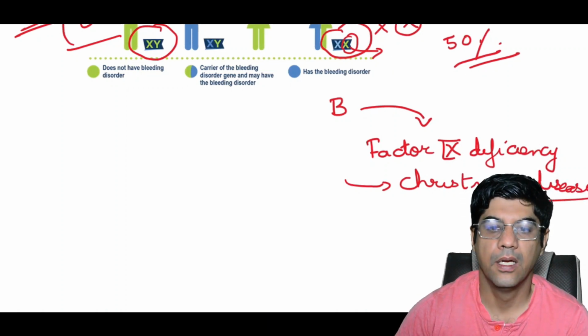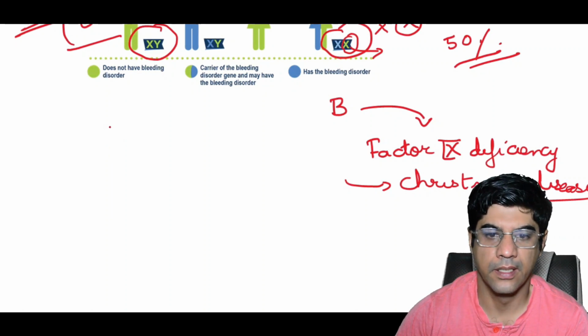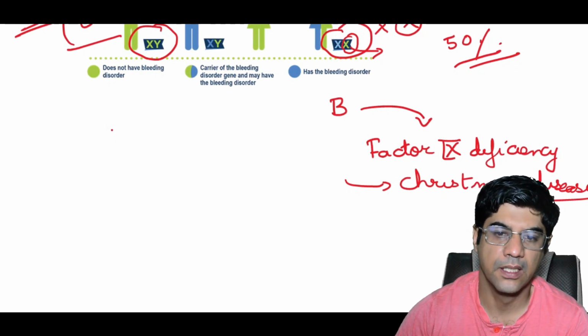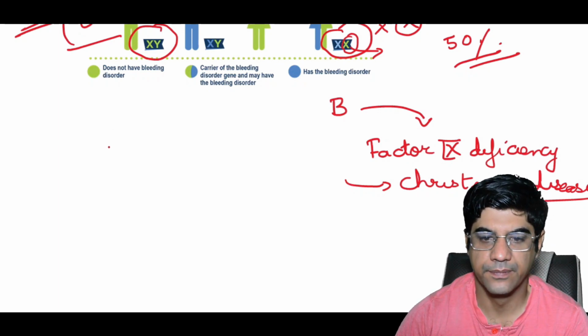Remember, in hemophilia B there is a mutation in the factor 9 gene that impairs the clotting function. So deficiency in factor 9 leads to impaired clot formation and prolonged bleeding after the injury.